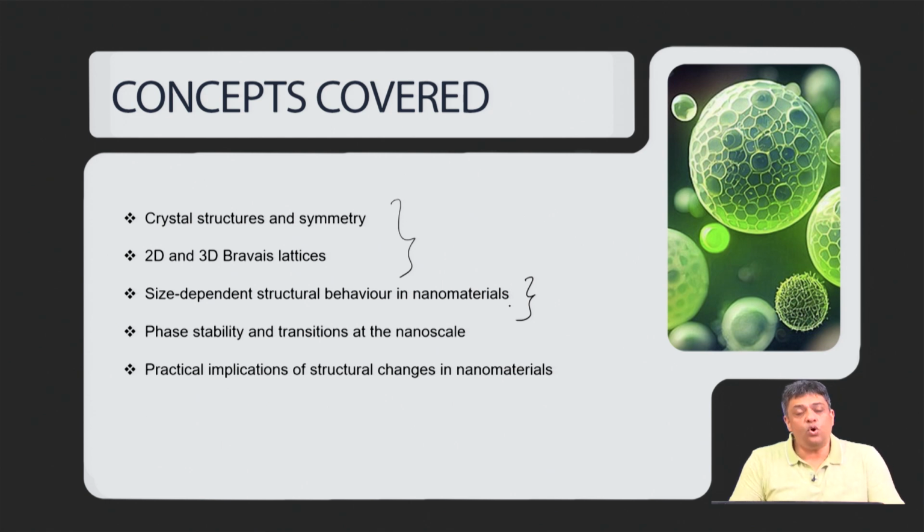There is also a very interesting point which I must talk to you about at this point: sometimes people ask, what is a phase? Just define phase. Phase is something which is defined as physically distinct, chemically homogeneous, and mechanically separable.